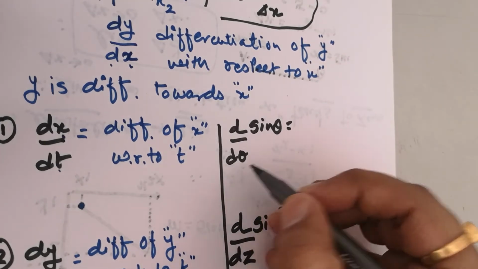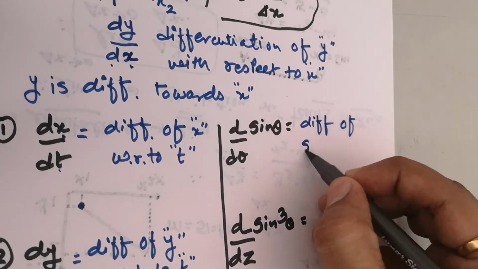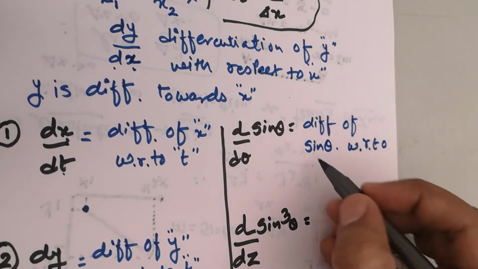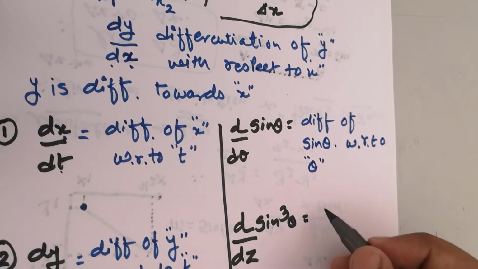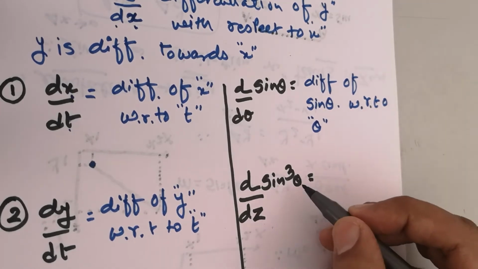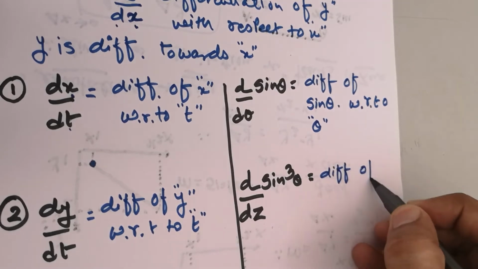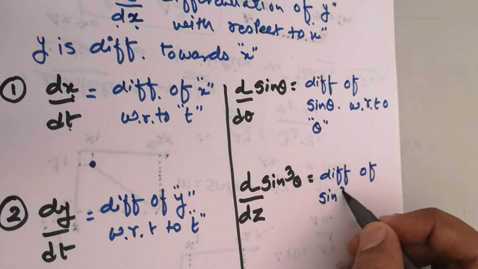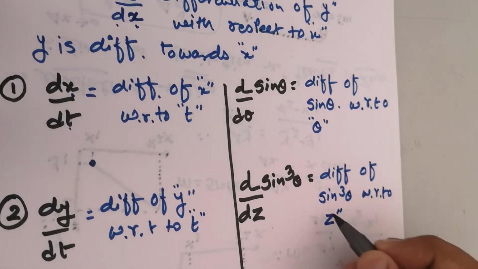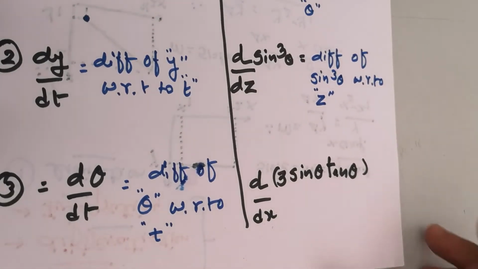This is sine theta and theta. So you will say differentiation of sine theta with respect to theta. Here I have mentioned sine cube theta. You will say that it is a single quantity first of all. So it is called differentiation of sine cube theta with respect to z. And now I have 3 into sine theta into tan theta.